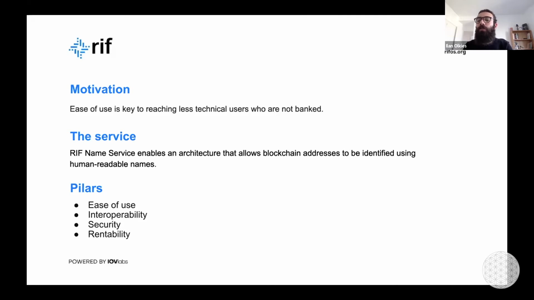So if you decide to use the RNS, you will be able to use the RNS. But if you decide to use, for example, the Ethereum Name Service, then you will be able to use it and follow all the RNS protocols. You will find that they are interoperable between different blockchains. So you can store your records anywhere you want, in any service you want, and it will work.